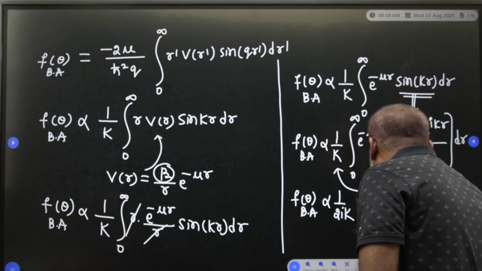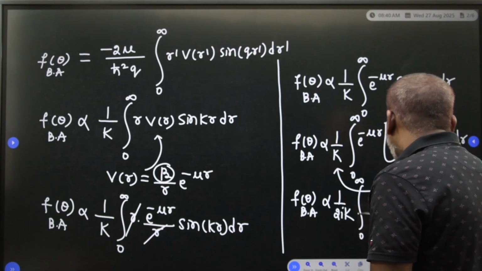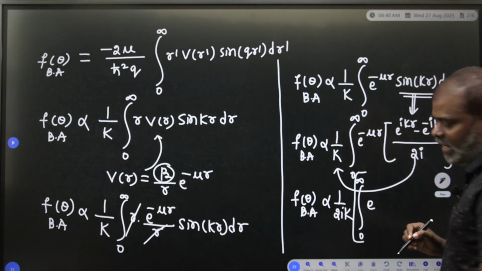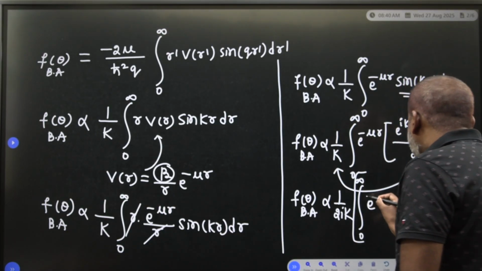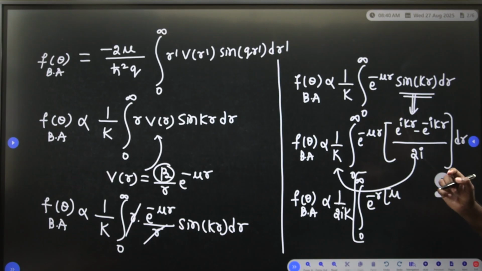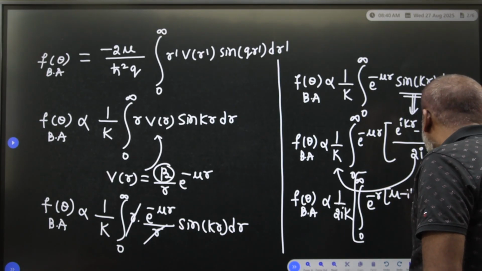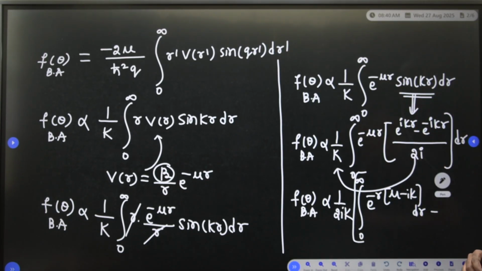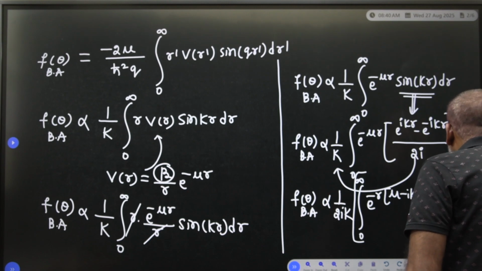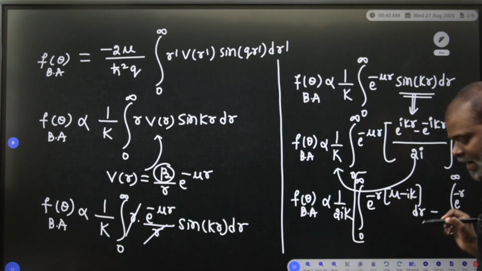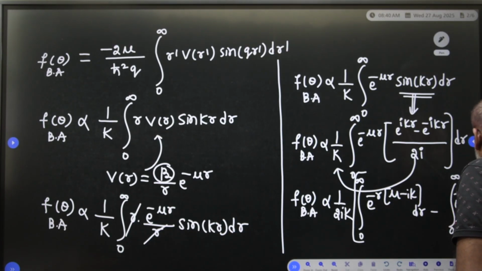Instead of one integration, you get two integrations. The first is the integral from 0 to infinity of e to the power of minus r into mu minus ik into dr, minus the integral from 0 to infinity of e to the power of minus r into mu plus ik into dr.